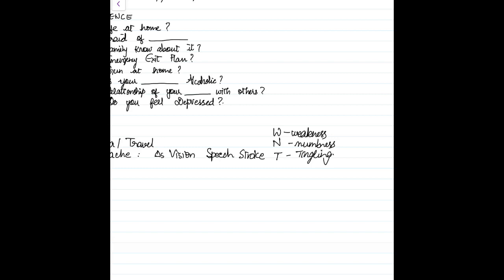Remember this: weakness, numbness, and tingling. The WNT mnemonic comes up in any neuro or joint pain or limb pain case.